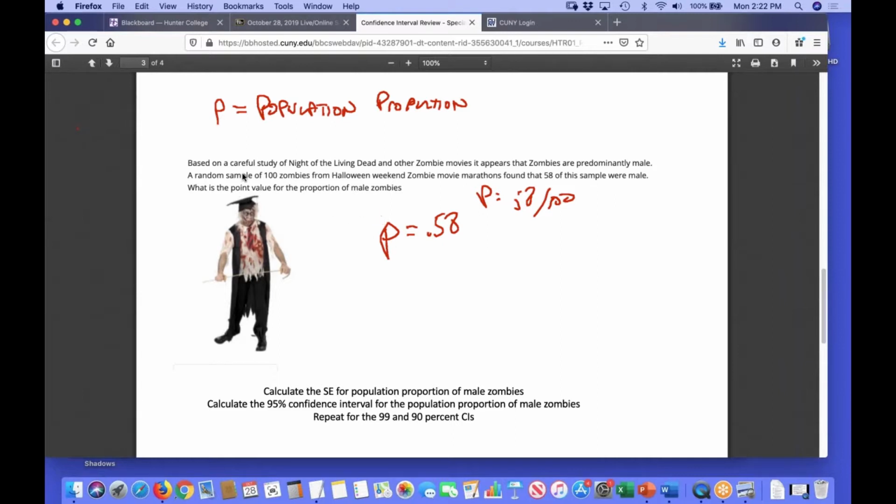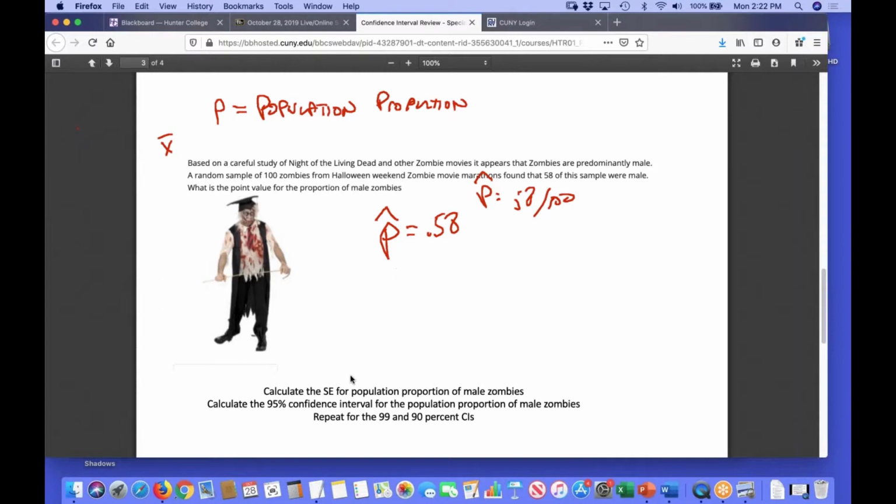Just like I use X bar to distinguish between the mean of the population and the mean of the sample, I'm going to use a cap to indicate a sample proportion. So P cap is 58 over 100 rather than P, and we're just distinguishing between the population proportion and the proportion that we got from our sample.